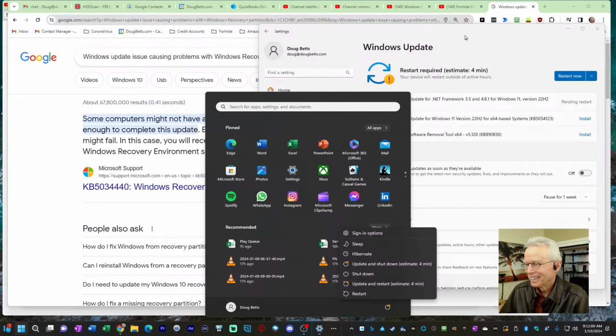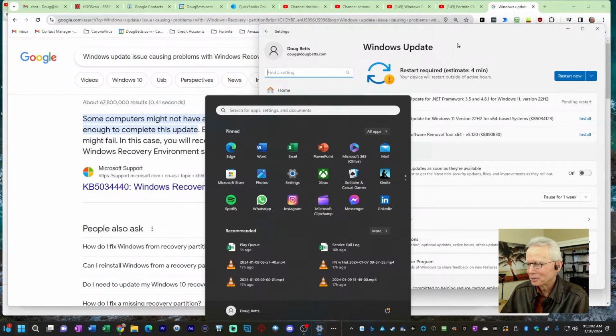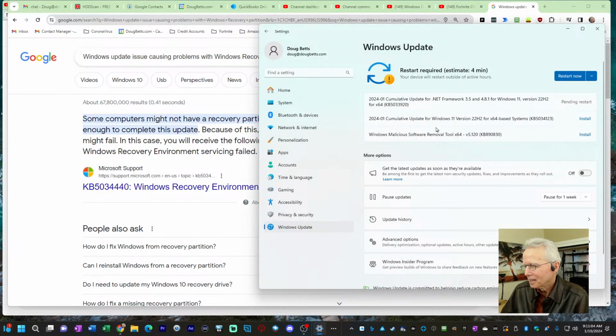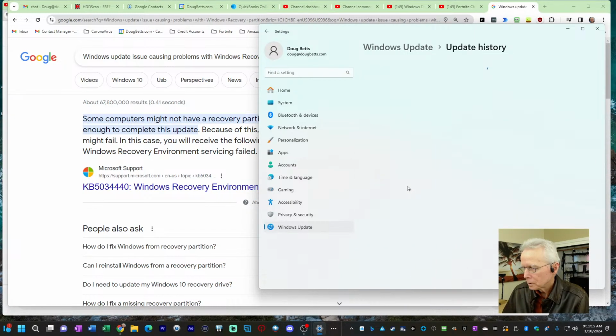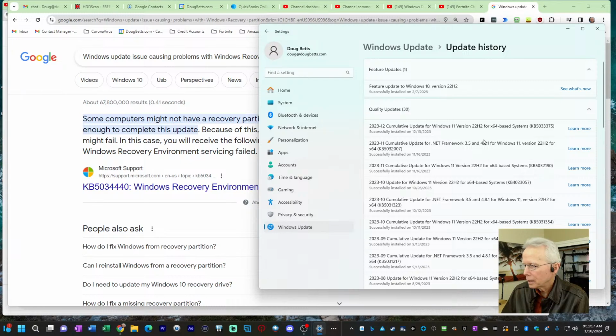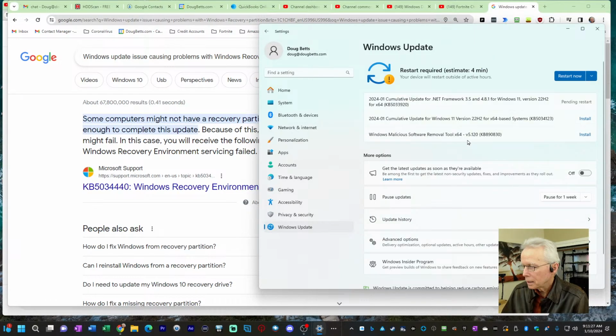Do you think it'll interrupt the stream? I don't see an update for recovery environment. See if that already came. 12.13 is the last updates. So maybe I'm not needing it.